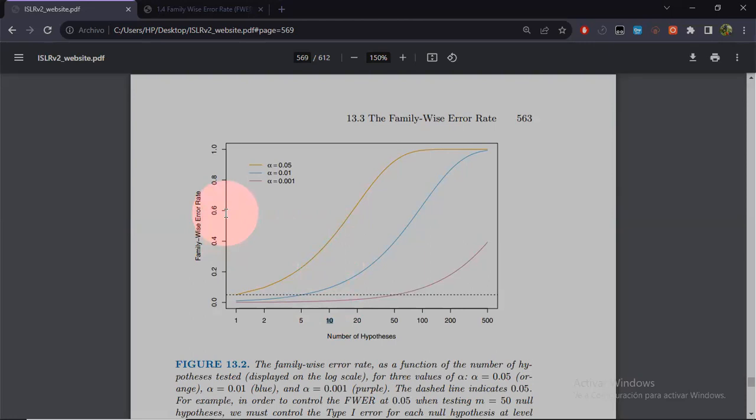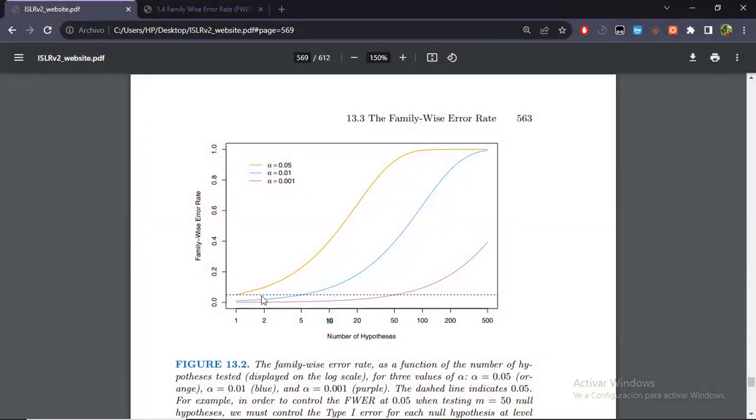So like a 50% chance of committing at least one type 1 error, that is, of getting one false positive. But then if we limit alpha, that is, we make it smaller, but obviously still positive, so something like 0.1%, that is this line in purple.